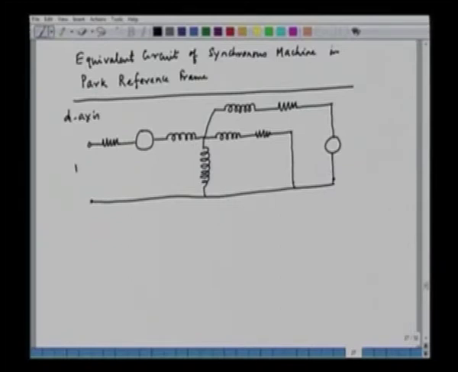So, this is our VDS, the applied voltage in the D axis. The stator resistance, and this is IDS, the stator current.